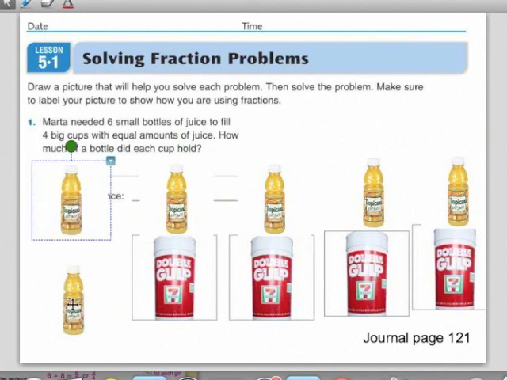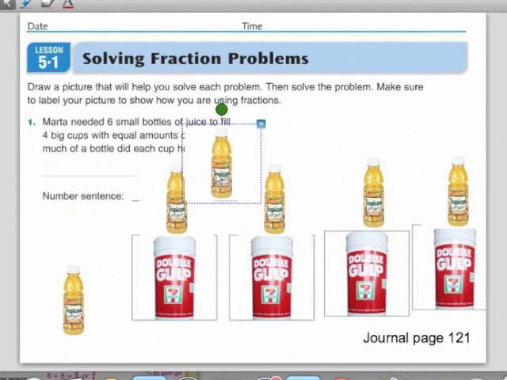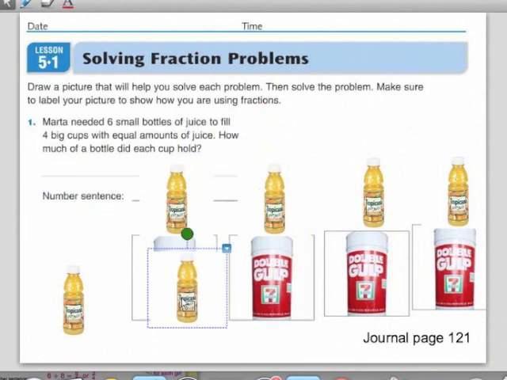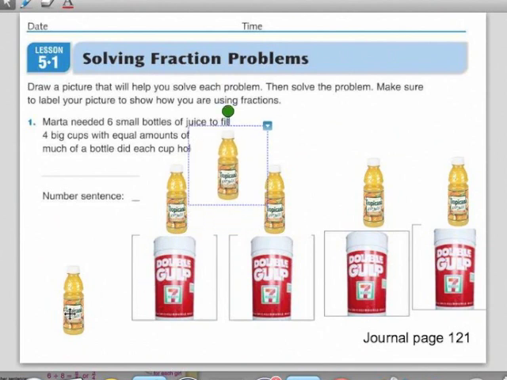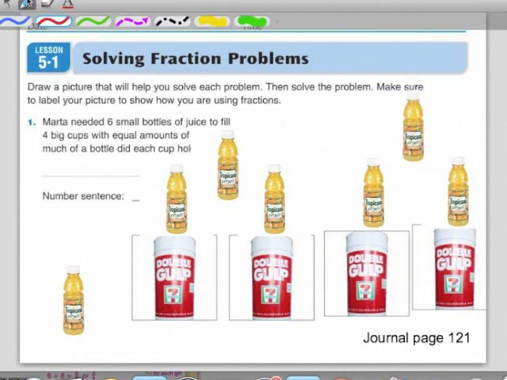So I've got 1, 2. Now, how can I split these 2 bottles evenly amongst these 4? Well, I can split one of them, half in this one, half in that one. And then I can take this one and split it in half and put half here and half here. So we're essentially going to be cutting these bottles in half.